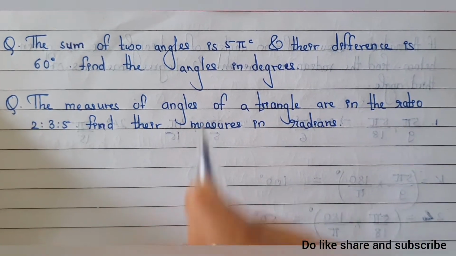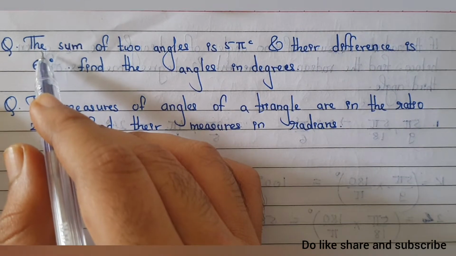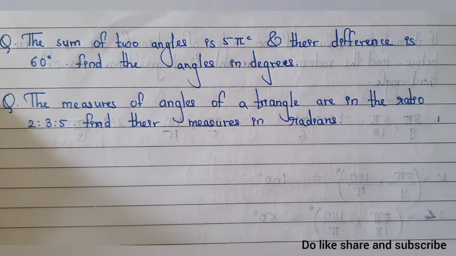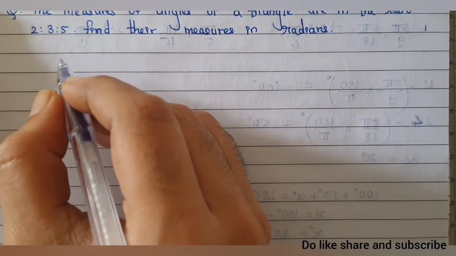See, for the first condition, the sum of two angles is 5 pi radian. So first convert this 5 pi radian into degrees.